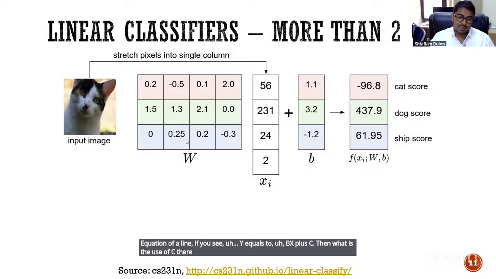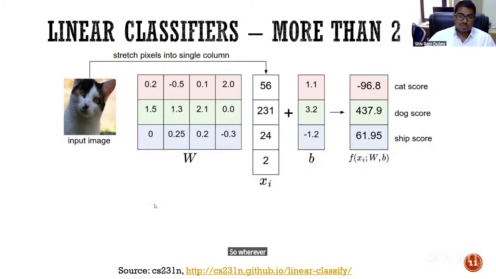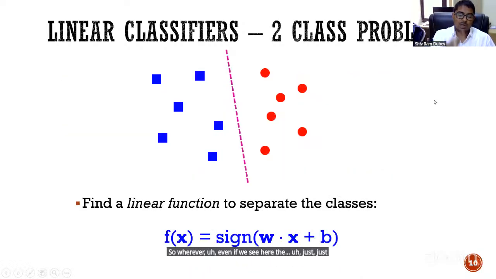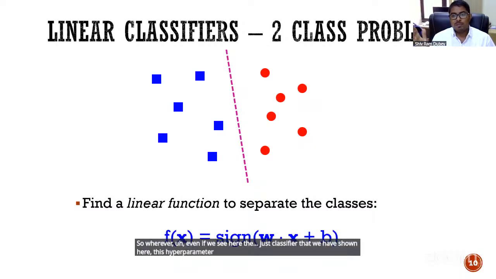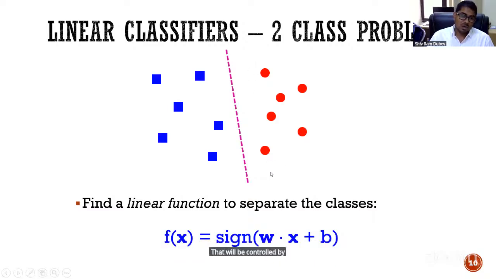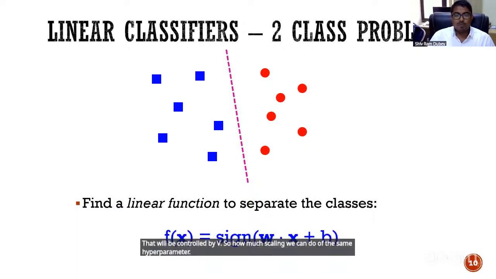That intercept basically gives you the shifting effect. Even here, in the classifier that we have shown, this hyperplane, if instead the same hyperplane is placed parallelly somewhere else, that will be controlled by b. So how much shifting we can do of the same hyperplane will be controlled by this bias term.